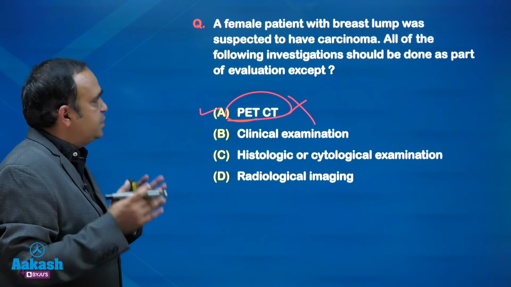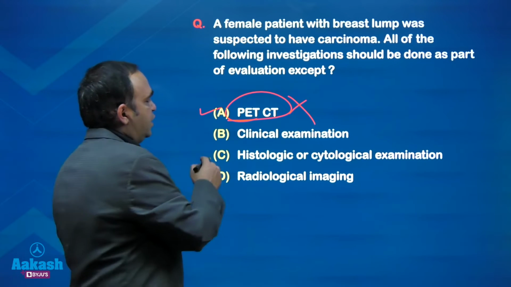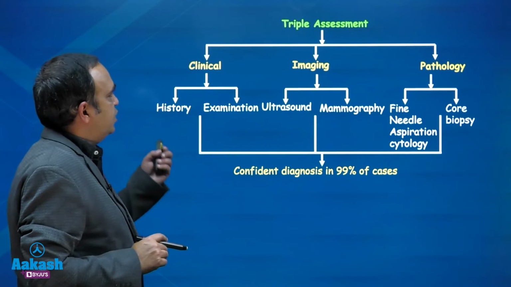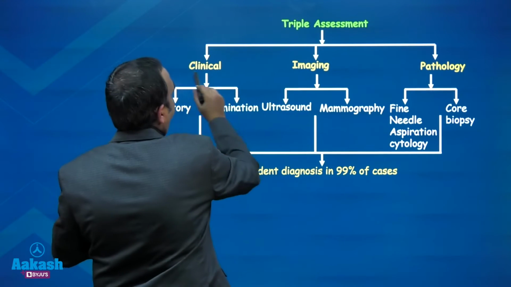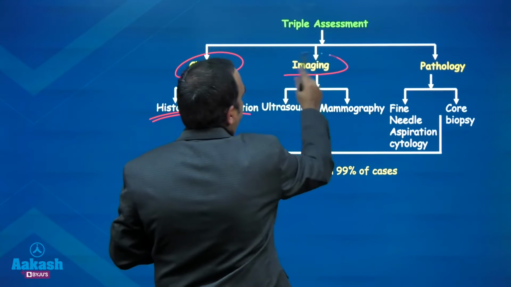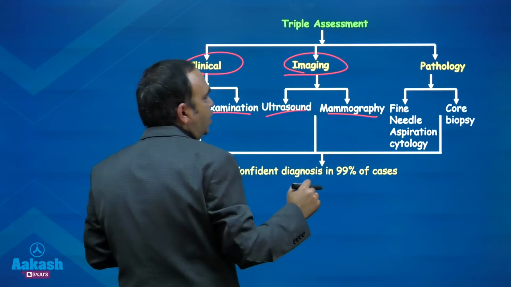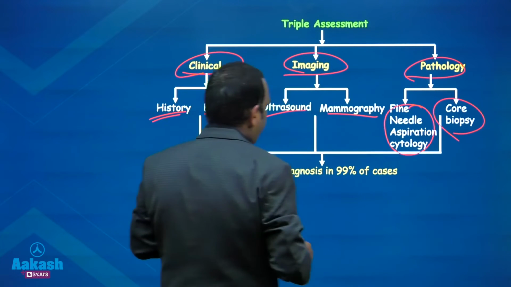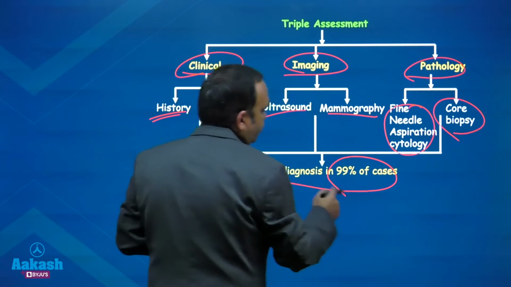The triple assessment for any breast lump includes clinical, histological and radiological parts. So let me show you. Triple assessment for breast lump: clinical in the form of history and examination, imaging in the form of ultrasound or mammogram, histopathology either with FNAC or core biopsy, and we get the diagnosis.